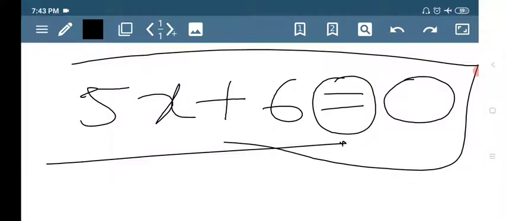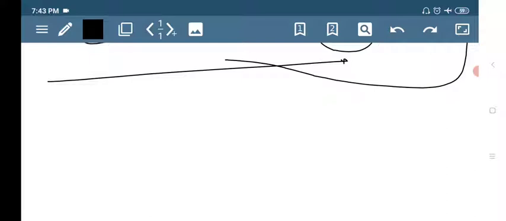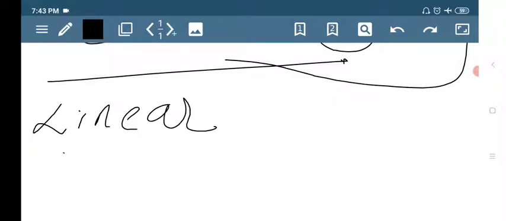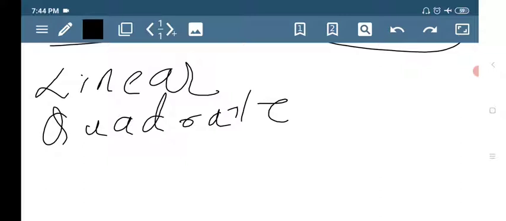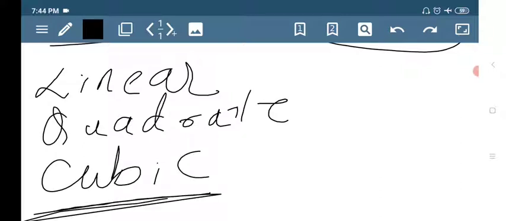We call them linear equations, quadratic equations, and cubic equations.